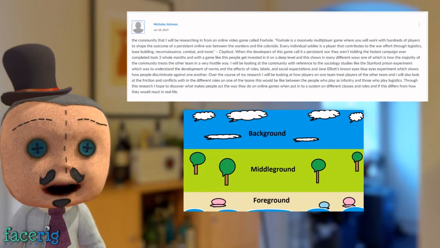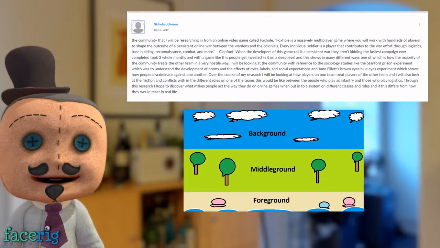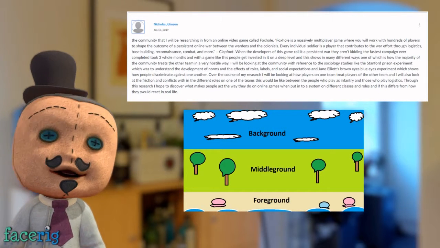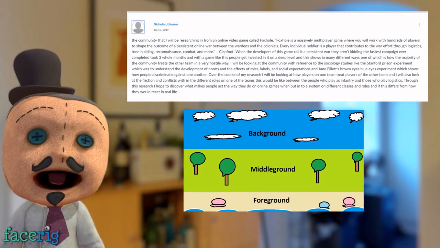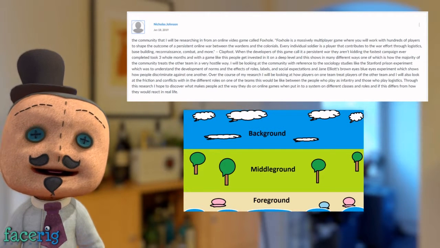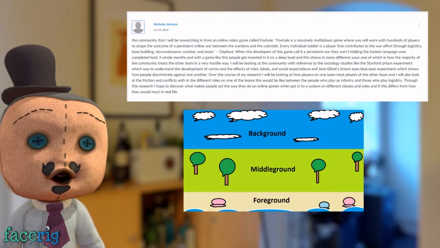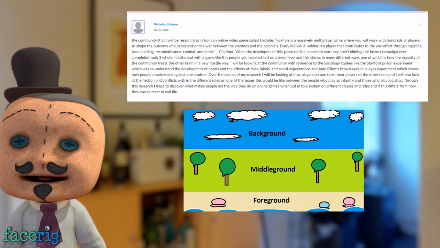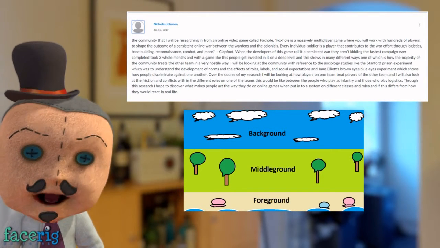And finally, the large background of the sketch is the Foxhole community that I will be studying. And with that post, I have created the first iteration of my research question and the first piece of my abstract masterpiece.